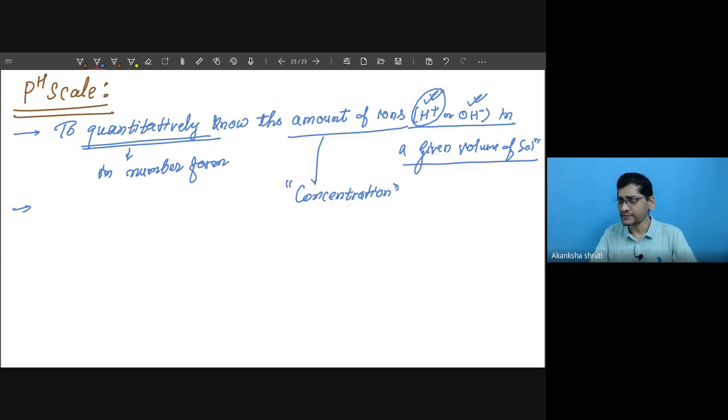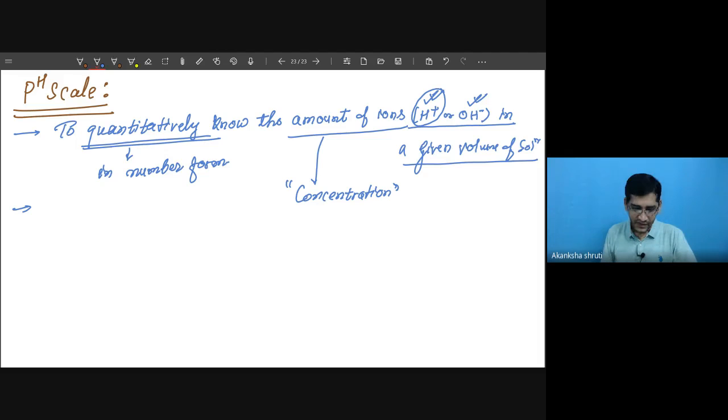You can also express it in terms of OH minus ion, but H plus ion is preferred. How much H plus ion is present in a given volume of the acid that you are taking will give us the pH value of that acid.